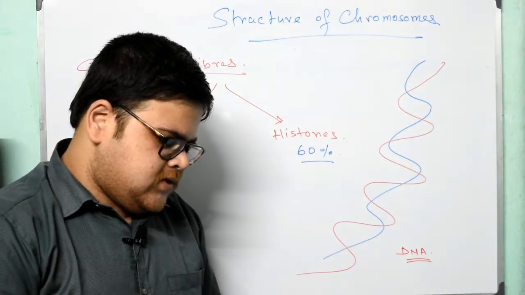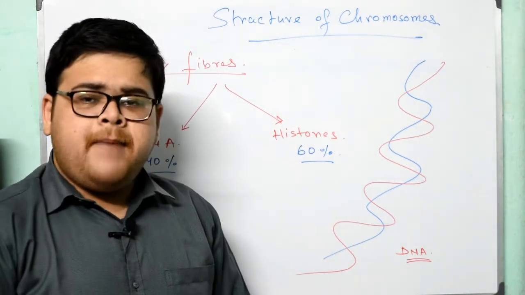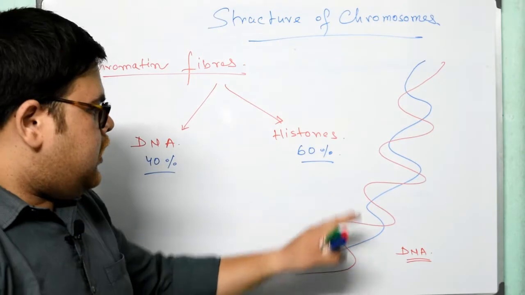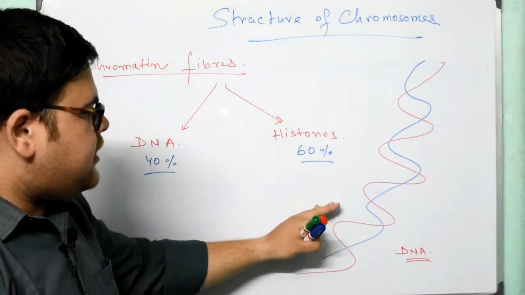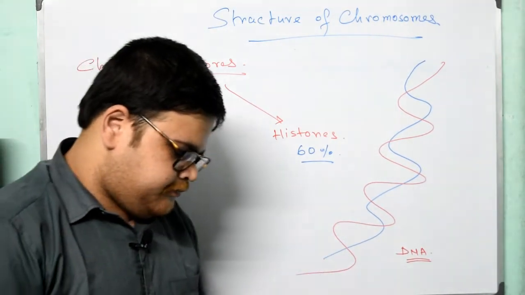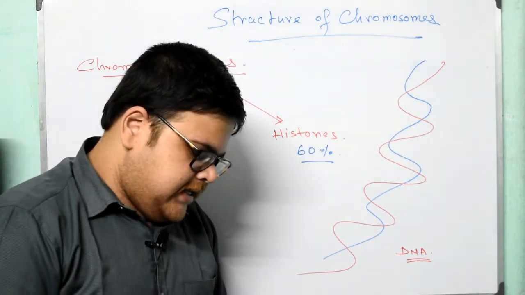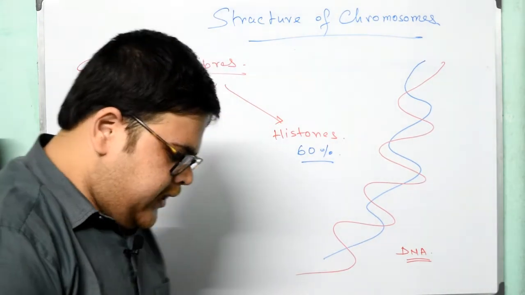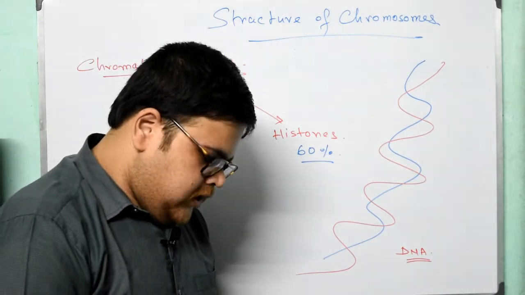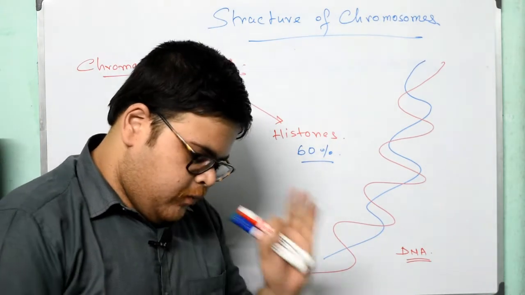A single DNA molecule is very large and hence is described as a macromolecule. Now, each single DNA strand is composed of repeating nucleotides which are made up of 3 components.